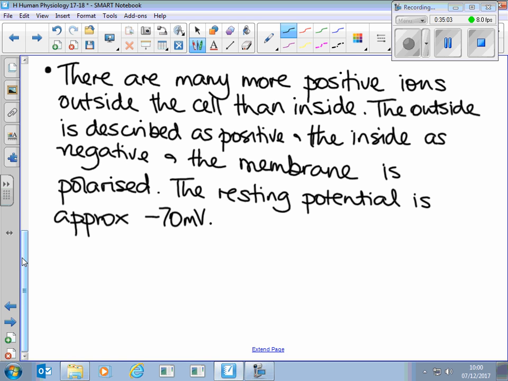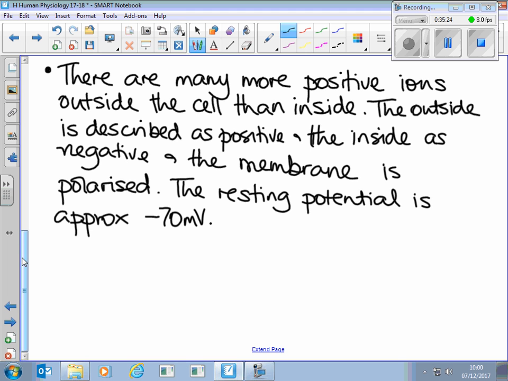What I'm going to do now is draw a membrane with some numbers to show you how you can actually get a minus 70 at the end by these processes. But these are completely arbitrary numbers that I've made up just to illustrate this.